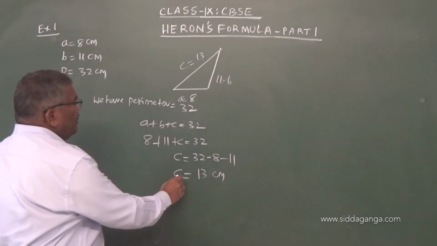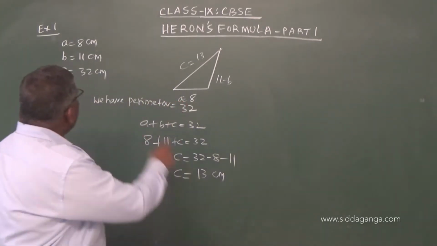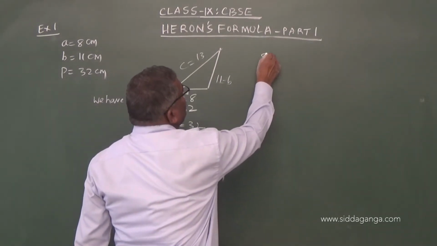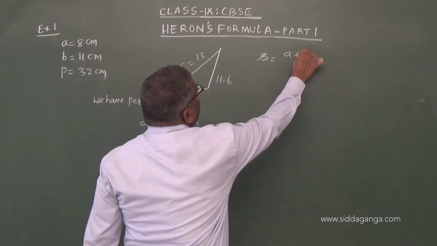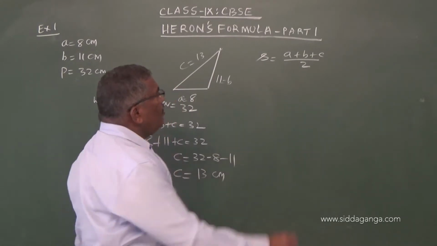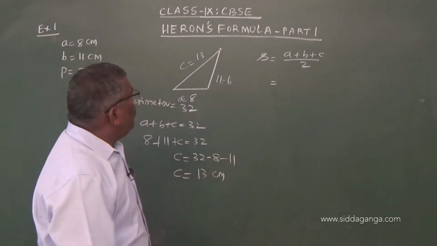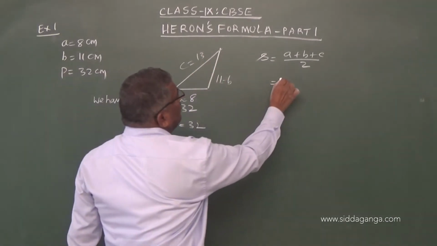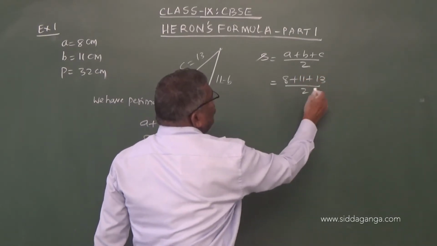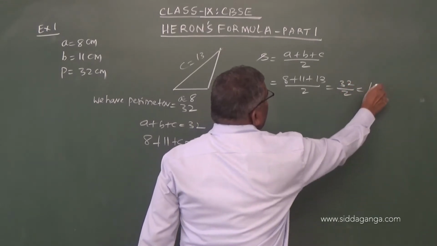So we know small a, b, c now, and perimeter also we know. So when perimeter is known, s is given by small s equals A plus B plus C by 2. We know A plus B plus C is 32, or it is 8 plus 11 plus 13 by 2, that is 32 by 2, that is 16.